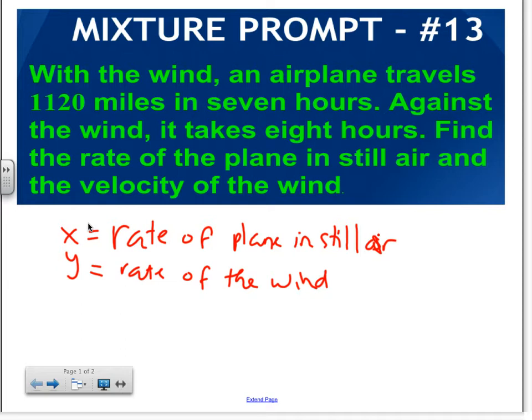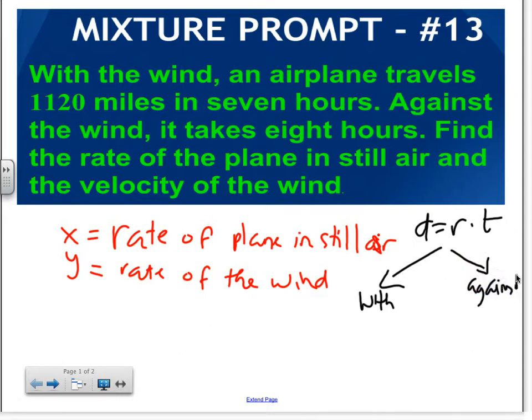D equals R times T. Very good. So if we have the distance and the time, what can we find? The rate. But don't we have two different kinds of rates? The rate with the wind and the rate against the wind, right? So now we have to create two cases. One case is with the wind, and the other case is against the wind.